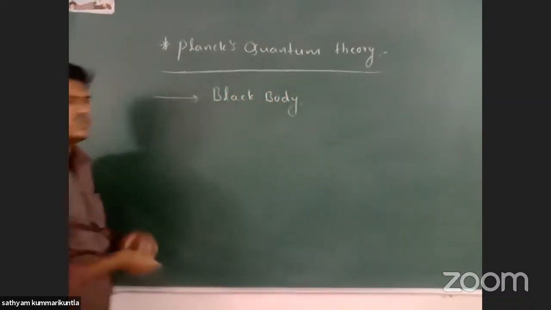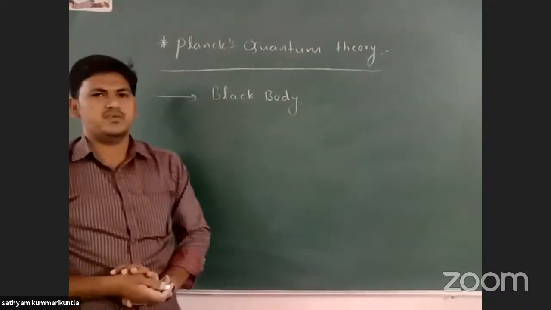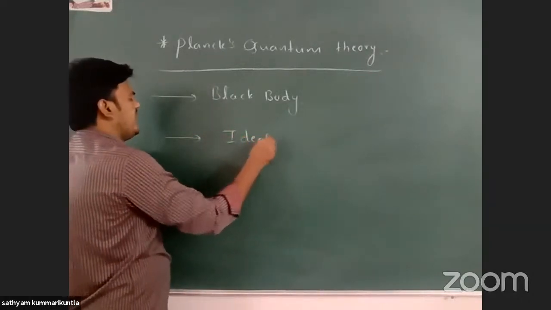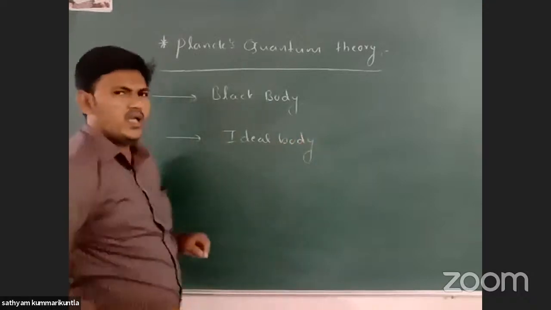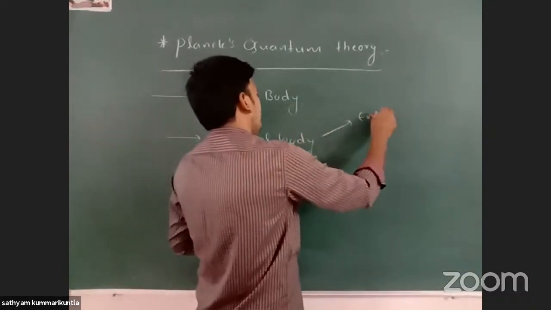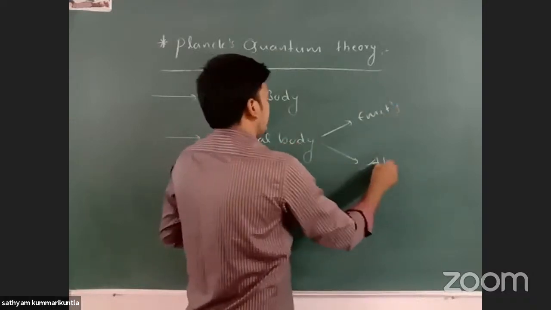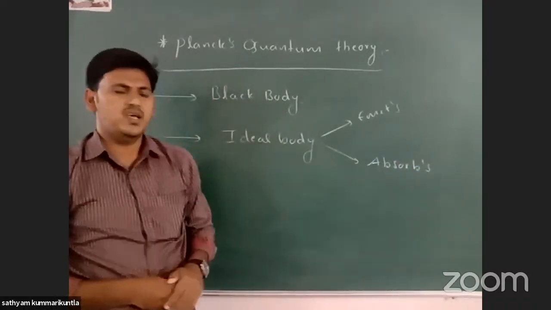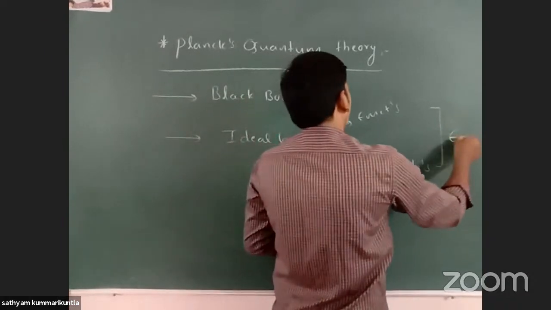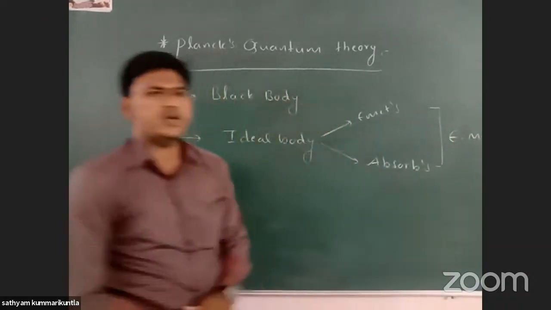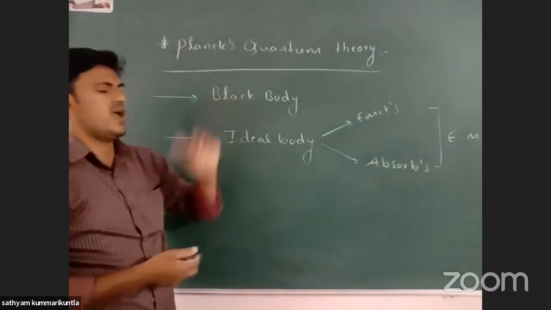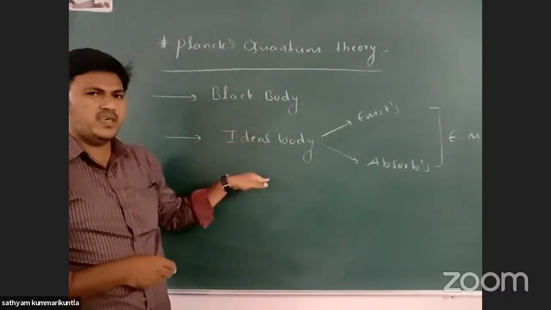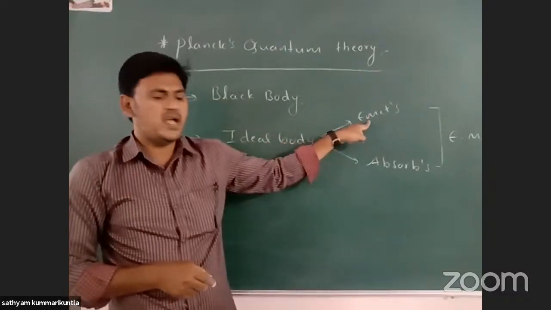So what is meant by black body? A black body means an ideal body which can emit and absorb energy at all the frequencies of electromagnetic radiation.